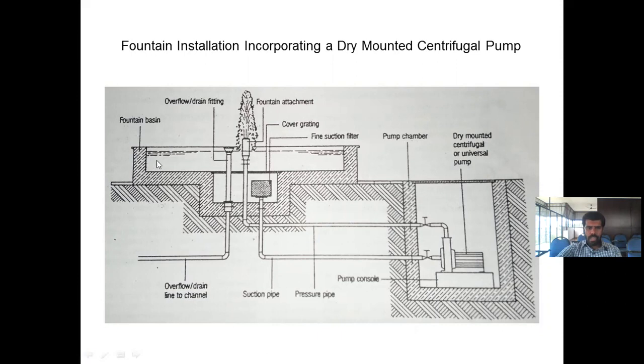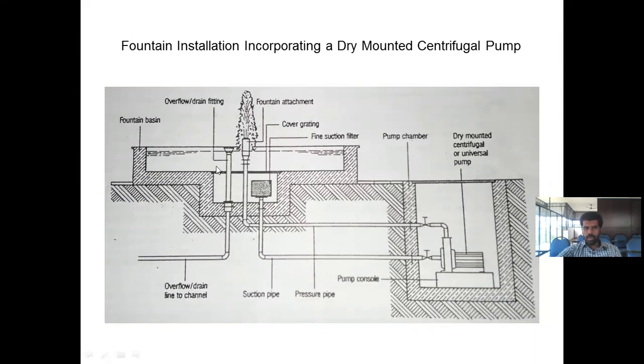This is a fountain basin which is filled with water, and there is another pipe, the overflow or drain fitting. If the water comes above a level, this water can be taken through this overflow and drain line to the channel, to another area or location.